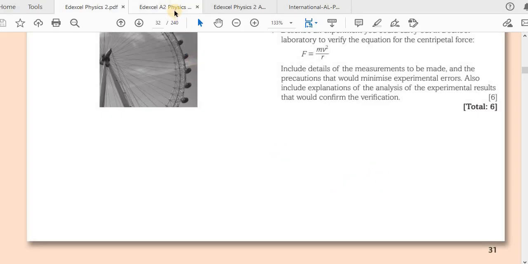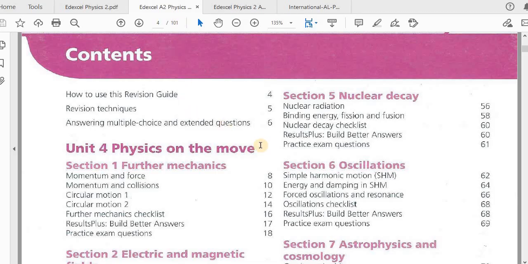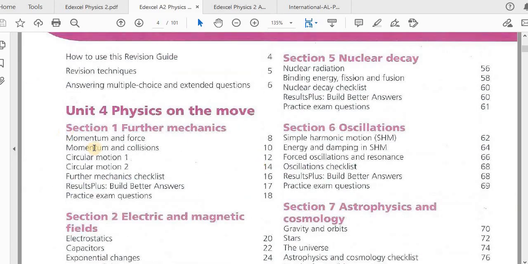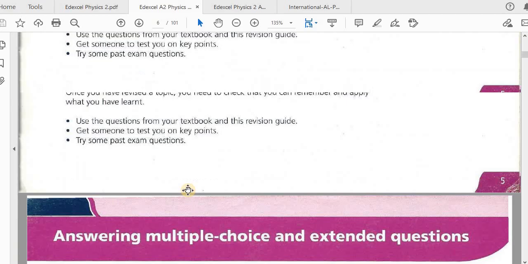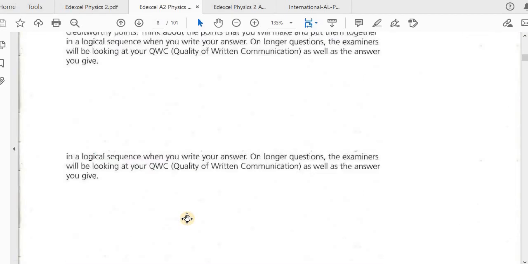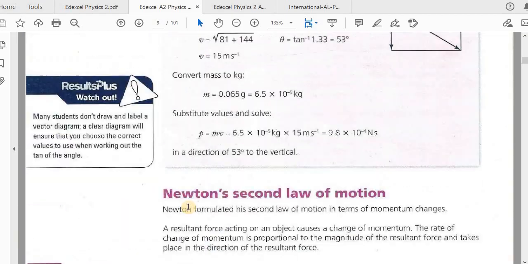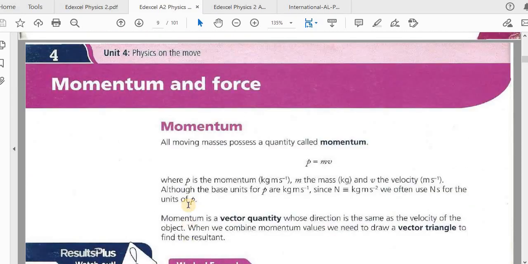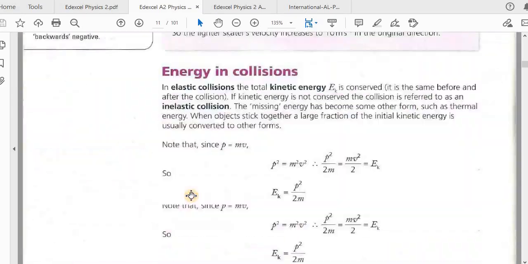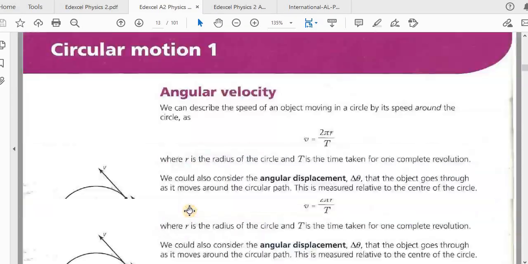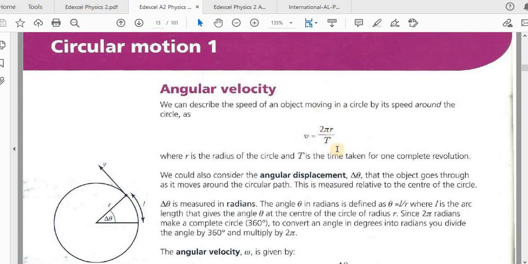Now, one more thing, we'll quickly go through the revision guide. So here is the revision guide, and it's also basically in the same order as the chapters in the textbook, because this is like a summary or like the notes that you need. So if we go through this revision guide, let's go to circular motion. So this is what we saw.